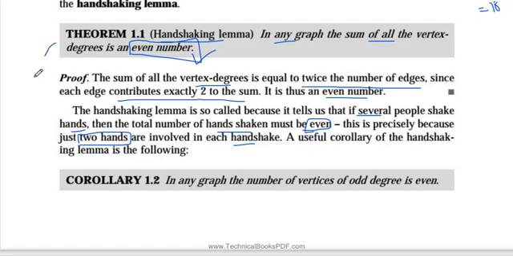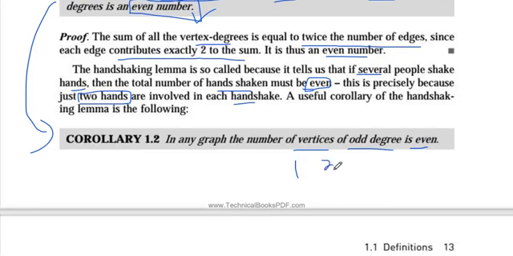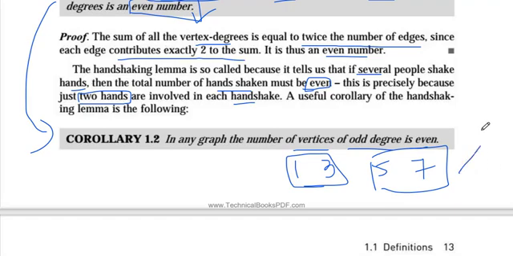Theorem 2, just like this theorem: in any graph, the number of vertices of odd degree is even. Odd degree means 1, 3, 5, 7. Why? Because if it is, let's say, 1, 3 and 5, there are 3 numbers, then we have to sum them: 3 and 5 make 8, so our summation will become 9.